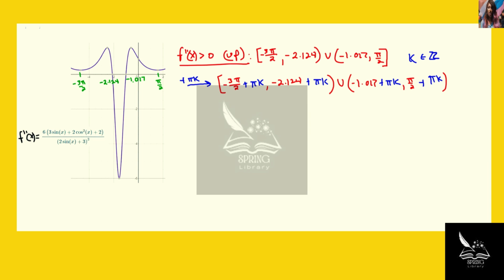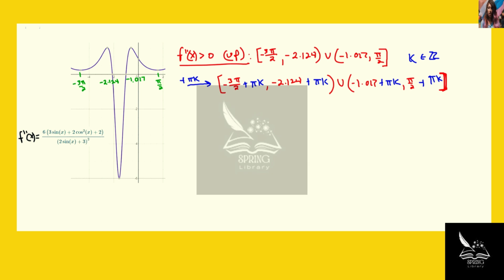Oh, and this should be a bracket on the end here since we are including pi half, since at that point it's still increasing. You could try to find some nice way to make this just one interval if you really wanted to, but I would say let's just leave it like this here.